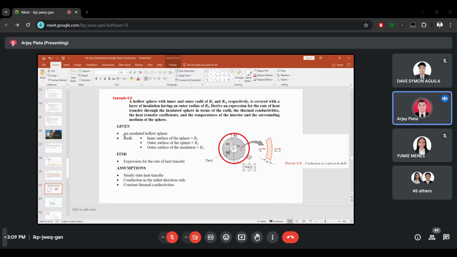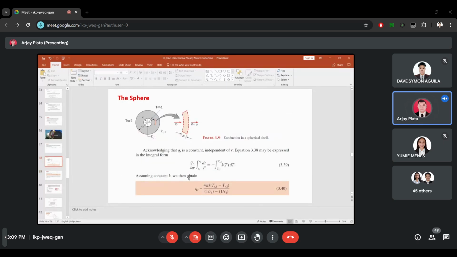So the given is an insulated hollow sphere with radius of the inner surface of the sphere R1, outer surface of the sphere R2, outer surface of insulation R3. So these are the given radii. We have to find the expression for the rate of heat transfer. So as I have told you, this is the formula for the rate of heat transfer.